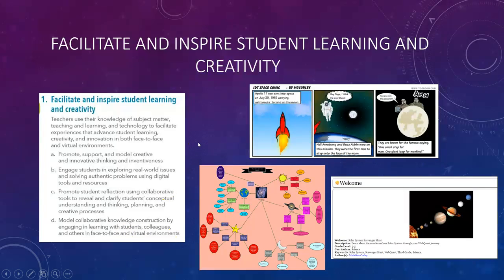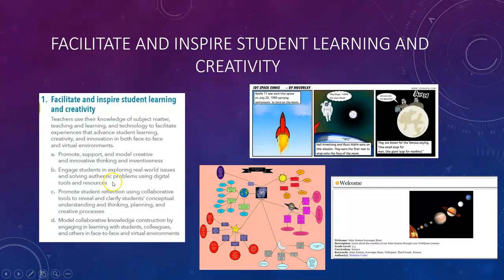So for examples of using this standard and substandards, I have chosen three assignments that we have done throughout the course, which were our comic strip, our graphic organizer or concept map, and our WebQuest page. So the graphic organizer, I think, definitely helped to model collaborative knowledge and show how we engage with students.